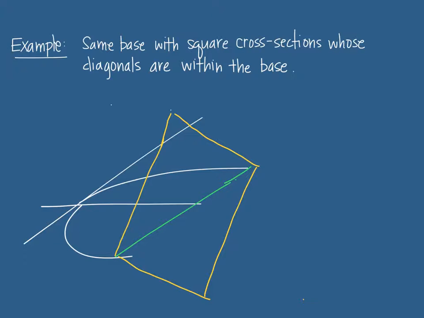The z-axis would be here, if you like. X-axis, y-axis, z-axis. So we've got a diagonal running through here.